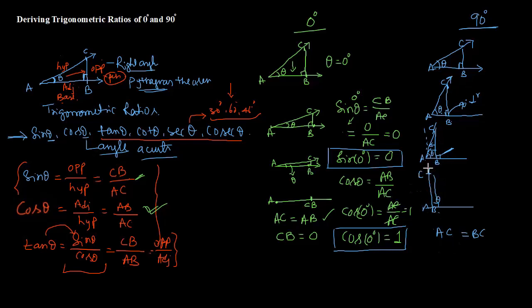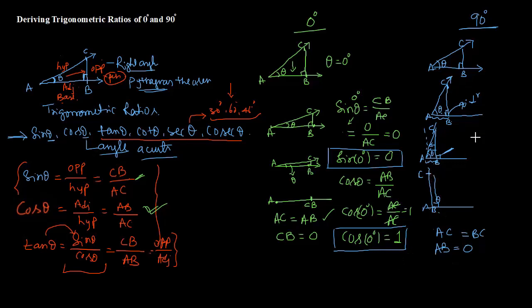But something has changed here. What happened to AB? As you can see, AB started reducing. And when theta became 90 and AC became equal to BC, AB became 0.